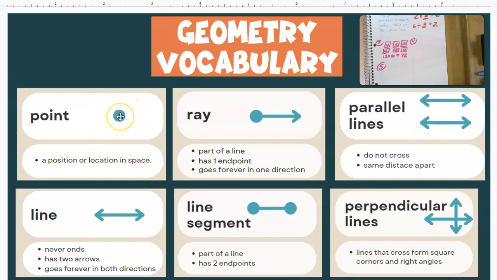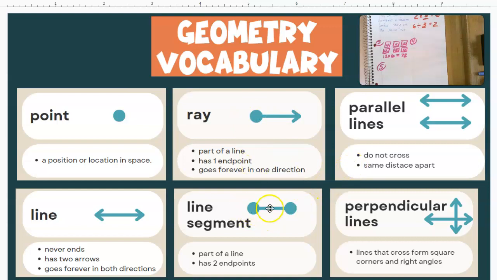So we see a point. A line looks like an arrow or two arrows at the end. A line never ends. It goes on forever and ever in both directions. A ray is different because a ray is a part of a line. It has one endpoint and one arrow that shows that it goes all in one direction, but it has a stopping point or an end point at the other end.